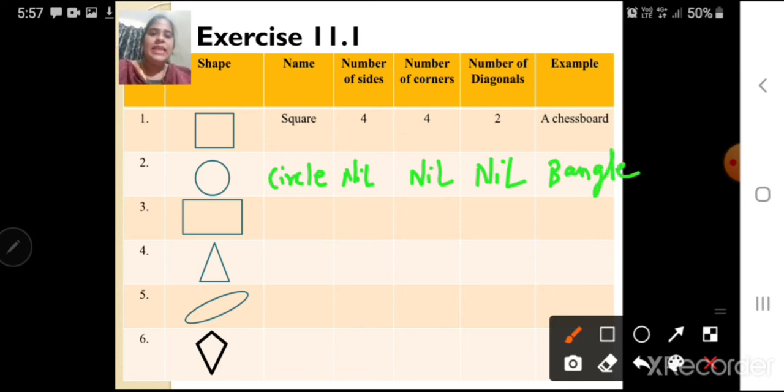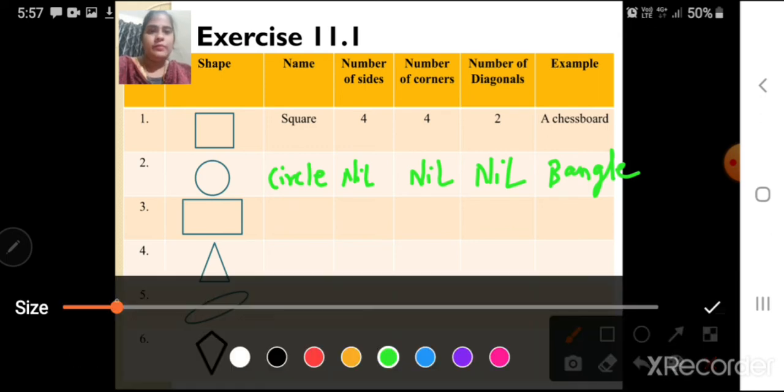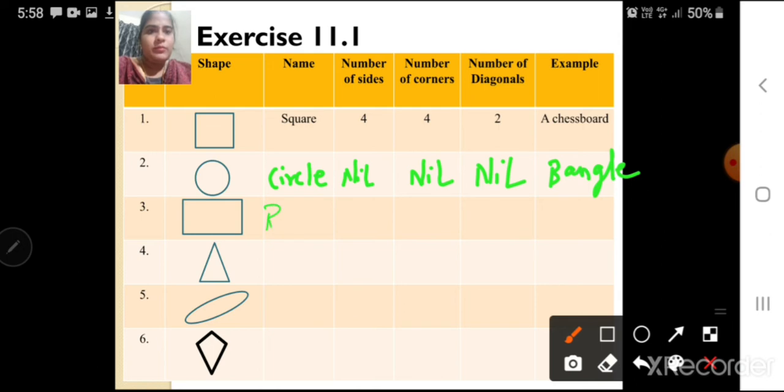Okay, the next one is a rectangle. Write here rectangle. Then number of sides. How many sides, children, do we have? 1, 2, 3, 4. So we'll write here 4.